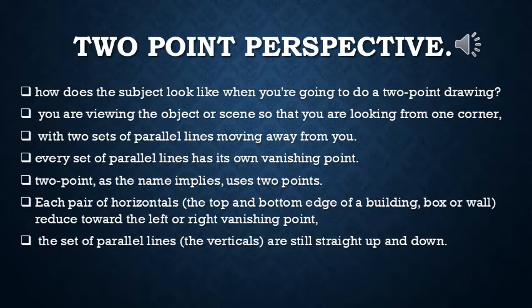The set of vertical parallel lines are still straight up and down. As we used vertical lines in one-point perspective also, they show the height of the objects, and they are always right-angle vertical lines. They don't vanish at any point, they are straight.